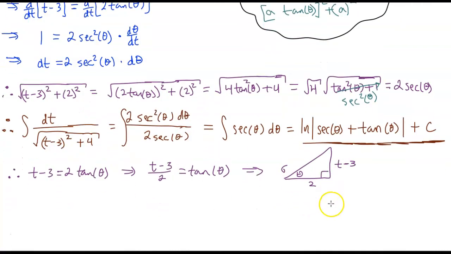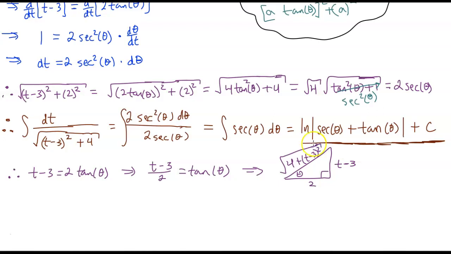And of course, we can just do that by squaring both of the sides there and then taking the square root. So if we do that, this will essentially just end up being the square root of 4 plus t minus 3 quantity squared.